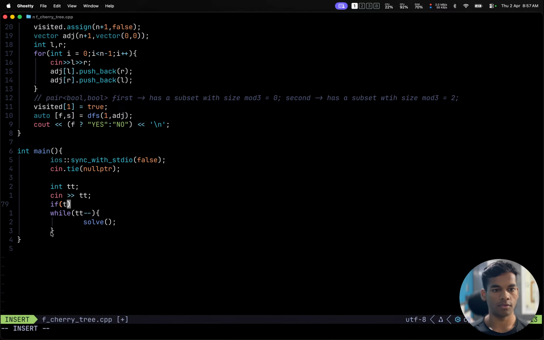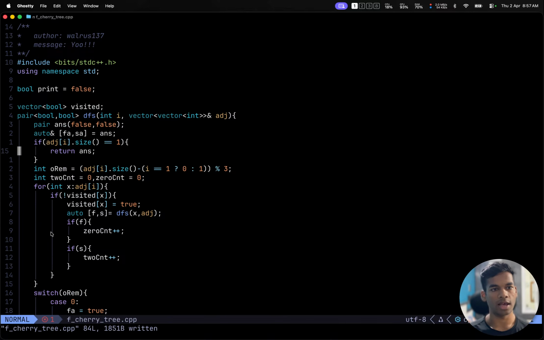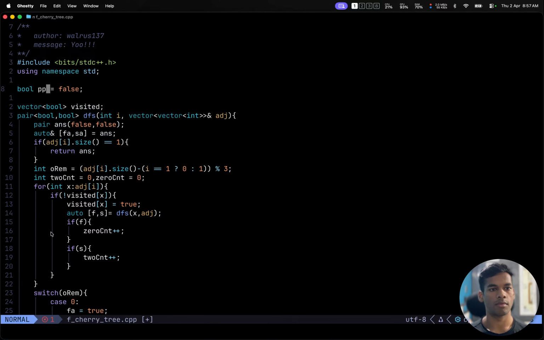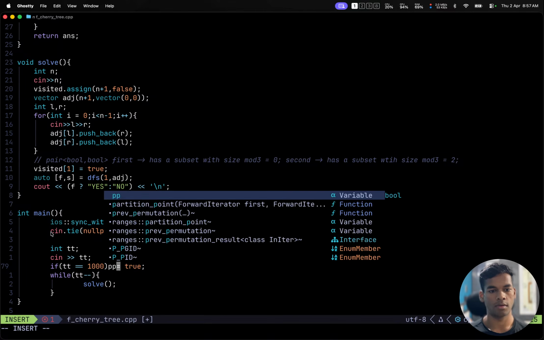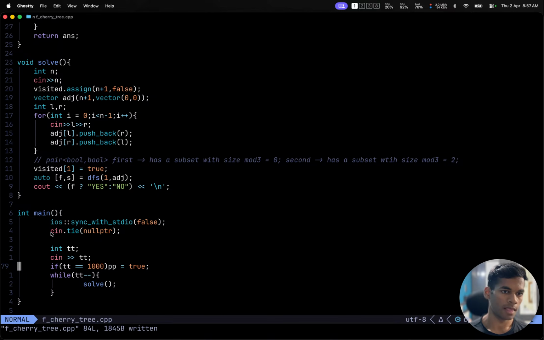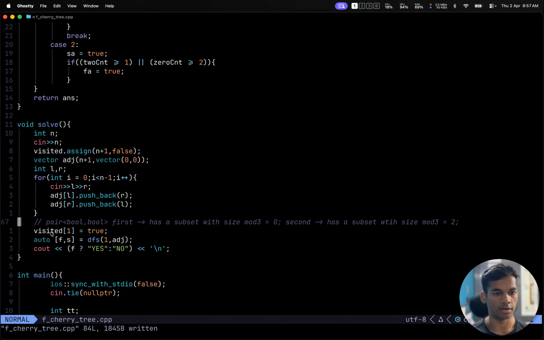And if dt equals 1000, reference to print is ambiguous, nope. PP is better because print is also an actual thing.